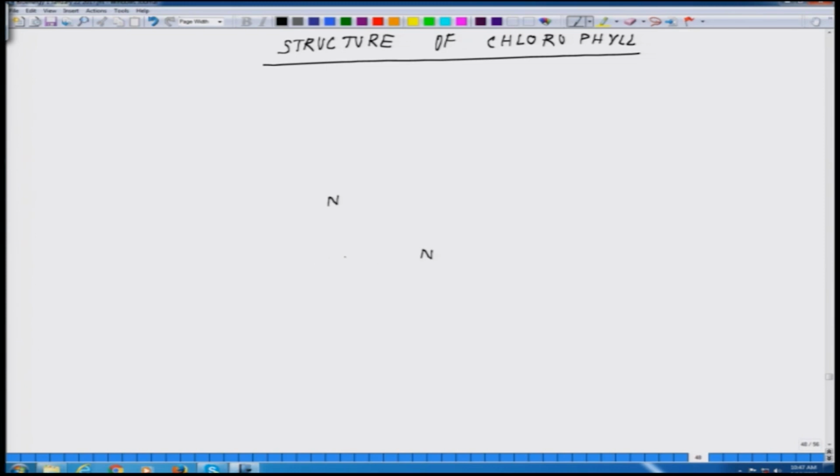You have a coordination out here, you have the magnesium sitting out here like this, and this is the porphyrin structure. It is a complex structure, but just follow it. You will see a lot of symmetrical features in the structure.